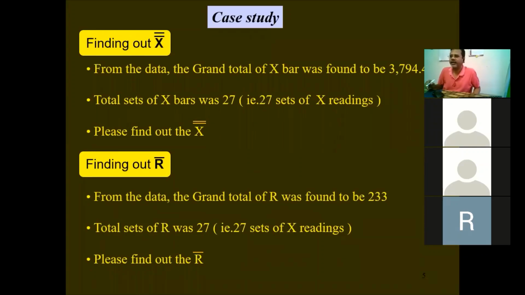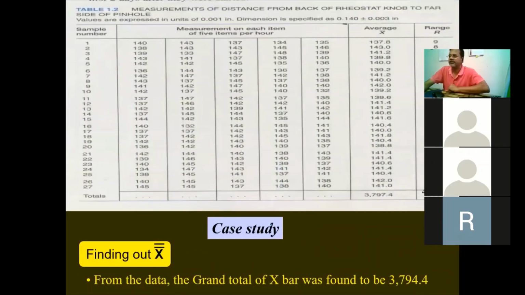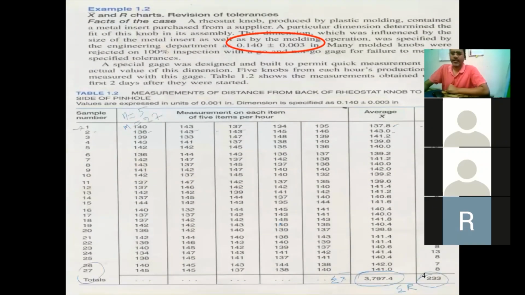So we have to now find out X double bar. It's going to be very simple, not a complicated one. Similarly, R bar. What is your X double bar? 3797.4 divided by 27.